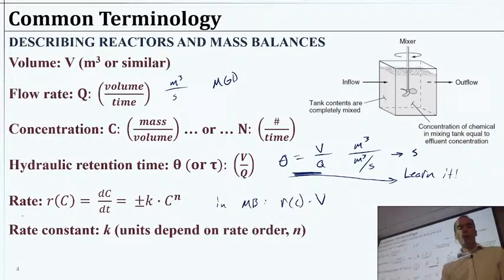So if we look here, I put an N. This N can change, and that's going to be the subject of a lot of what we talk about today. That's a different reaction order. If a reaction depends on how much stuff you have there, to what extent it depends on it dictates the reaction order.